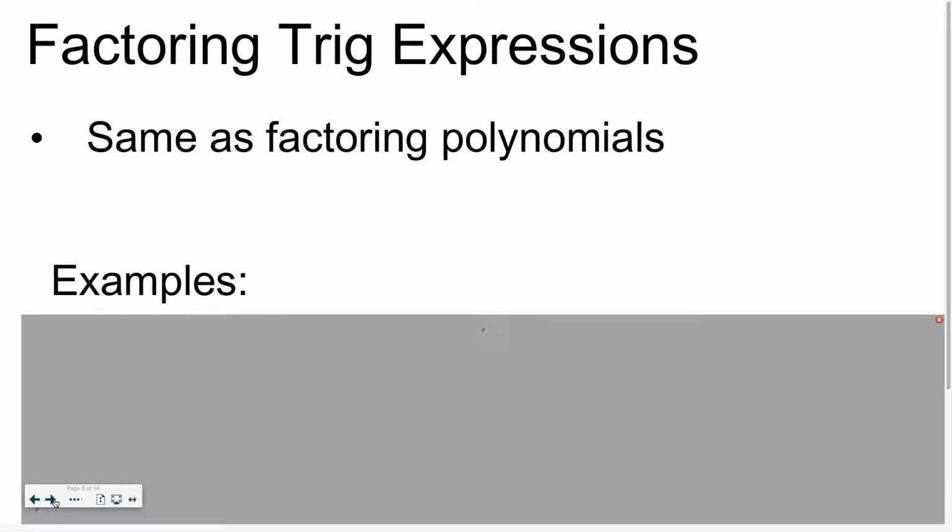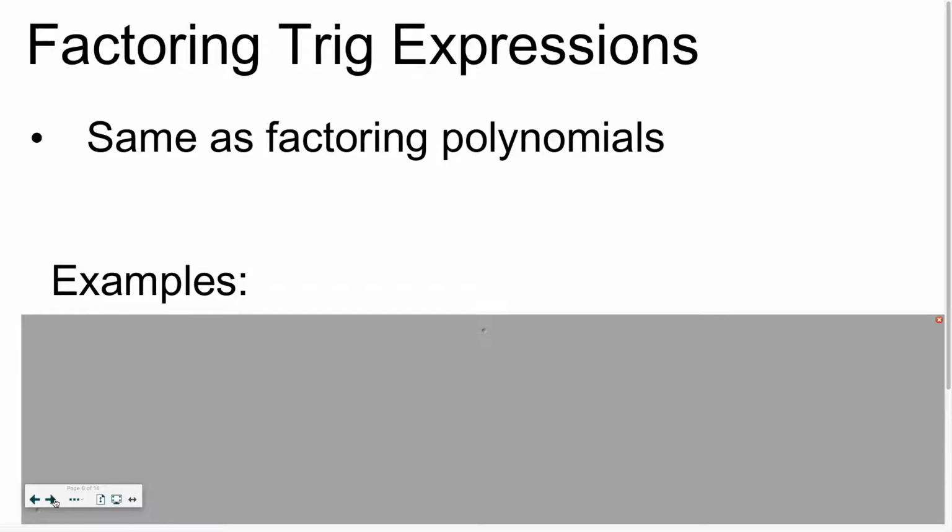Okay. So before we get into the actual simplifying of trig expressions, I also need to have a quick chat about factoring trig expressions. This sometimes can give people some trouble, but what I like to say is it's just factoring polynomials.